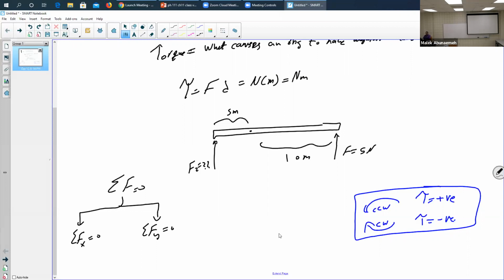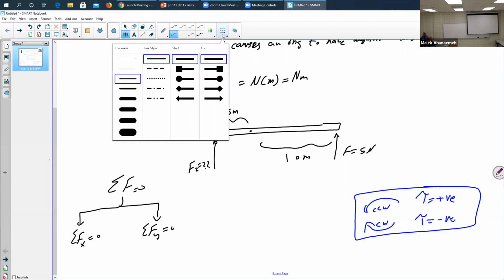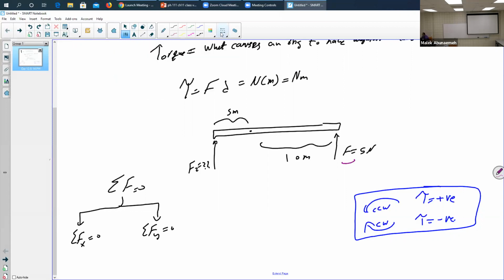So taking our example, for the first point, this is going to go in the counterclockwise direction, so your torque is going to be positive. It's your force multiplied by your distance, 5 multiplied by 10, so it's 50 Newton meters.